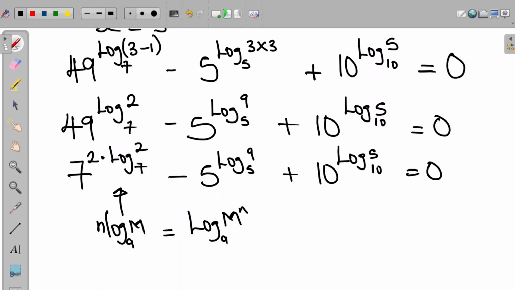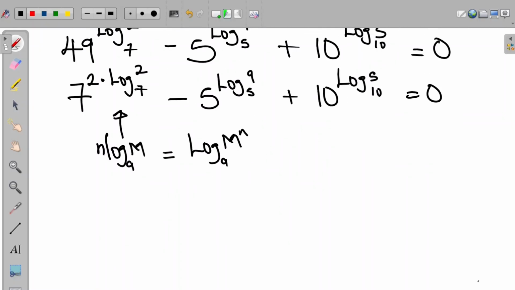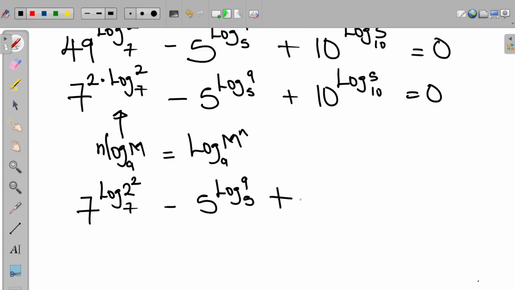The expression there becomes 7 raised to the power of log 2 raised to the power of 2 in base 7, minus 5 raised to the power of log 9 in base 5, plus 10 raised to the power of log 5 in base 10, equal to 0.